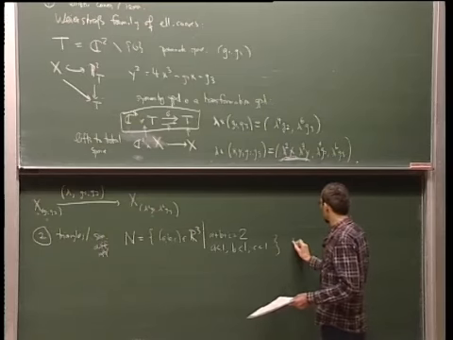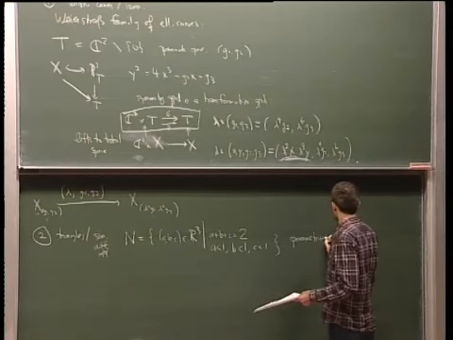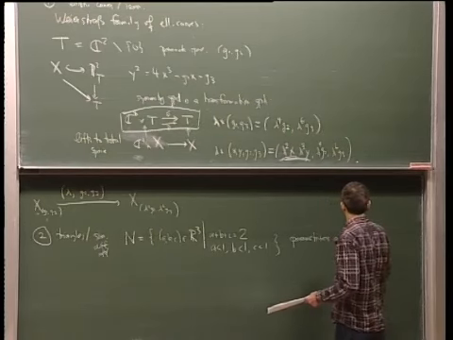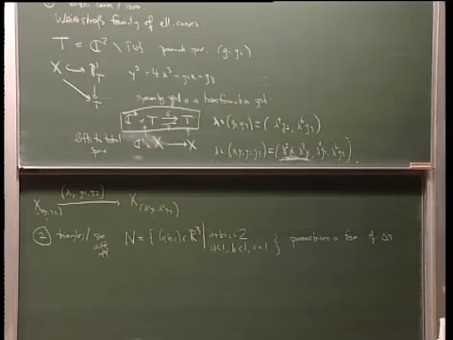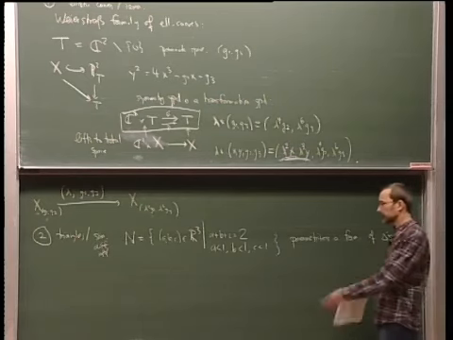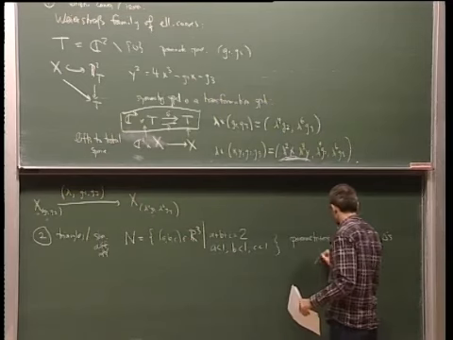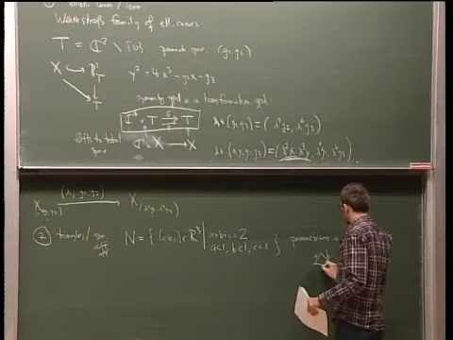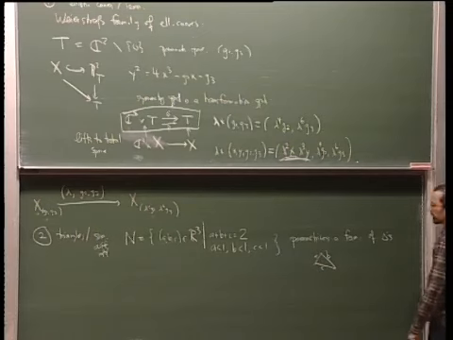This differentiable manifold parameterizes a family of triangles, because the point ABC gives a triangle where the lengths of the sides are A, B, and C.